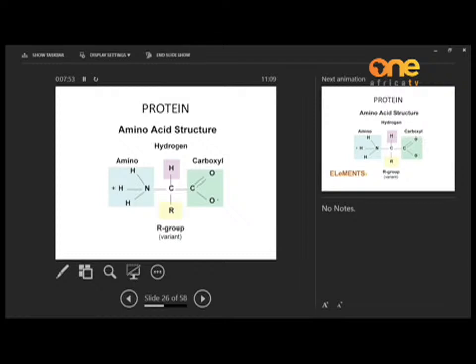If I have one amino acid and I add another amino acid, I have a dipeptide. One amino acid, two amino acids, dipeptide. Three amino acids, tripeptide. Okay? Do you hear the word protein?